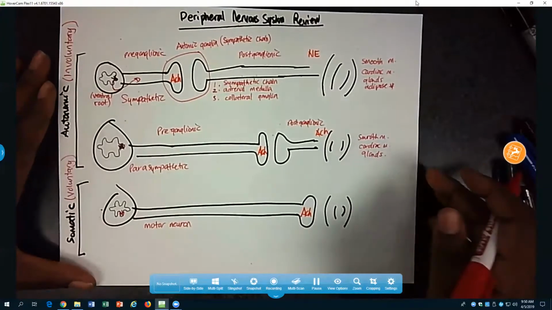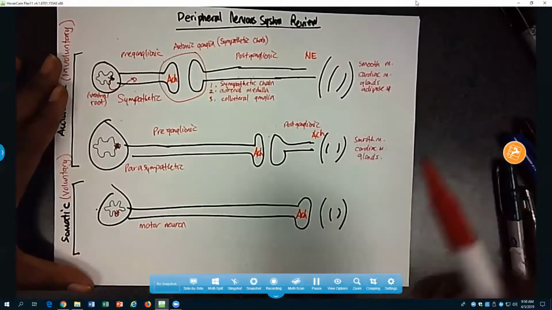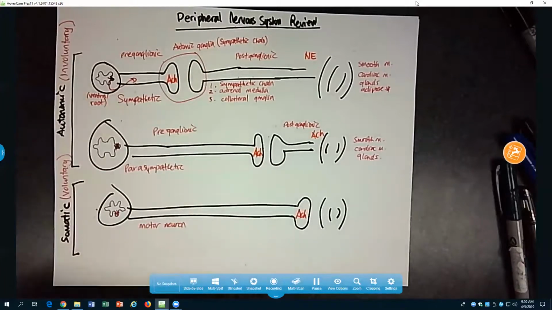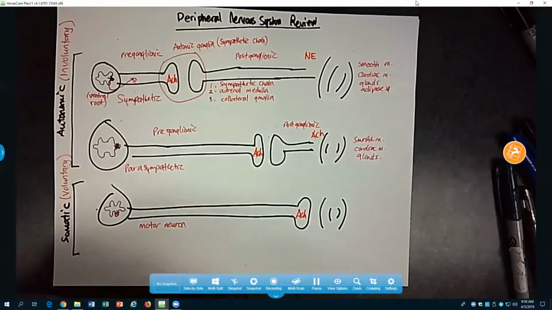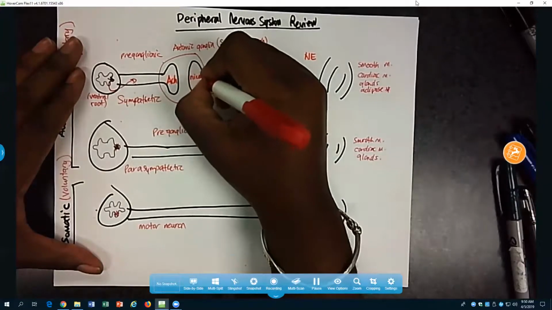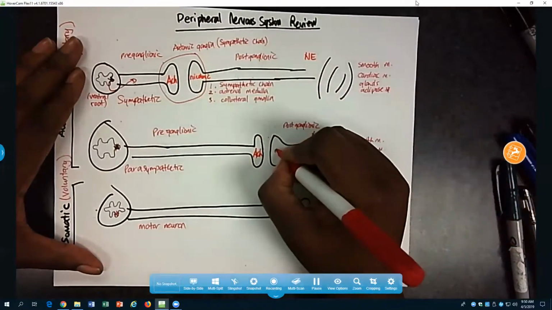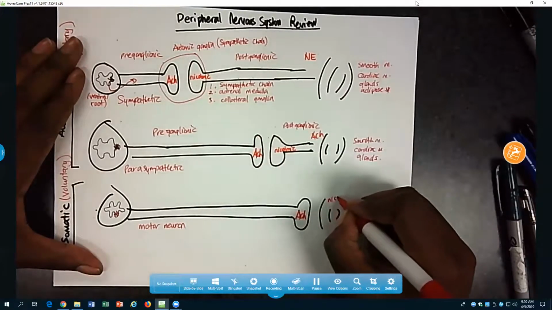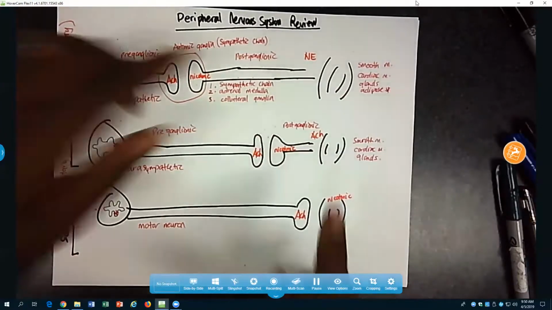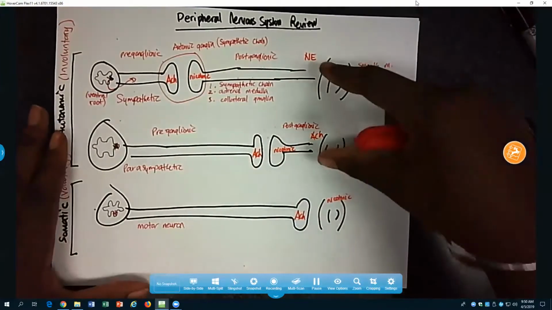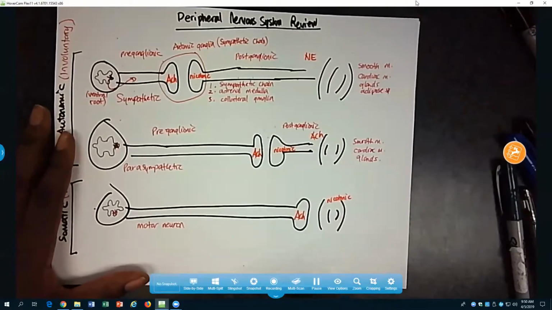Okay. Now, what type of receptor is found on the second neuron here? Nicotinic cholinergic, right? Nicotinic, and then this is always nicotinic. What type of receptor is found at the neuroeffector junction, so between the second neuron and the effector tissue?